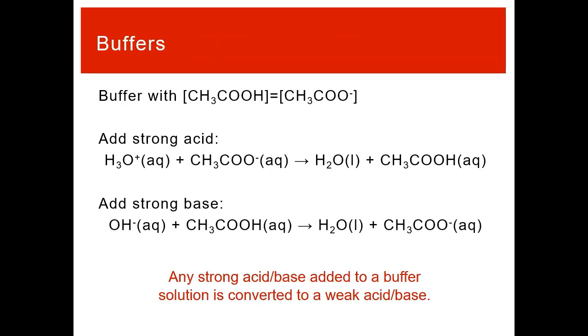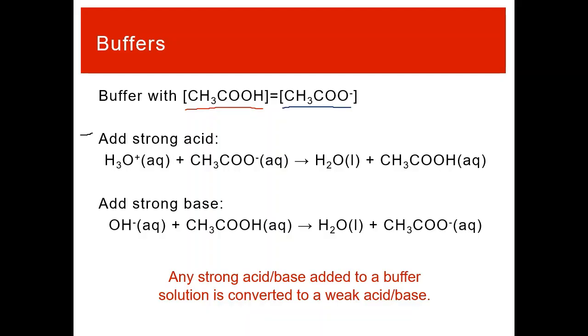So, how do buffers work? If you make a buffer, you would have equal or near equal amounts of a weak acid, for example acetic acid, and its conjugate base, for example acetate. When you go to change the pH of this buffer solution, there's basically two ways.